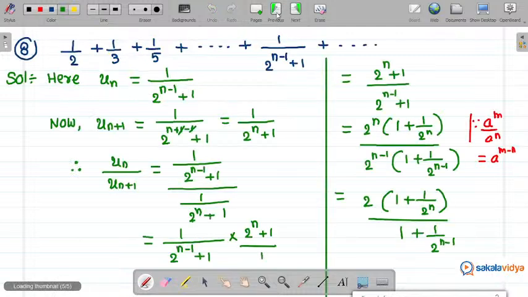Am I right? Go back. 2 into 1 plus 1 by 2 power n by 1 plus 1 by 2 power n minus 1.